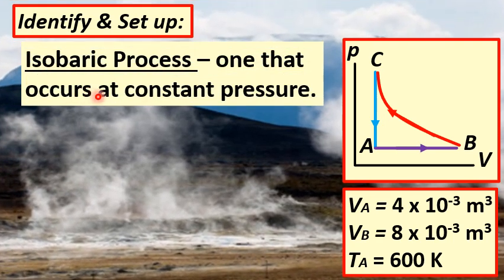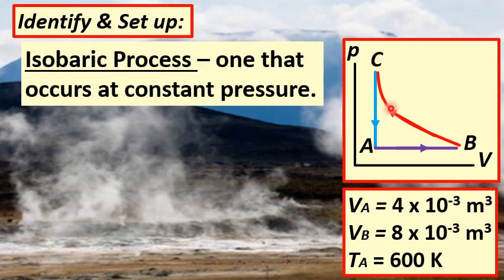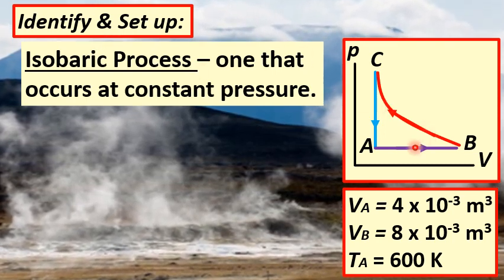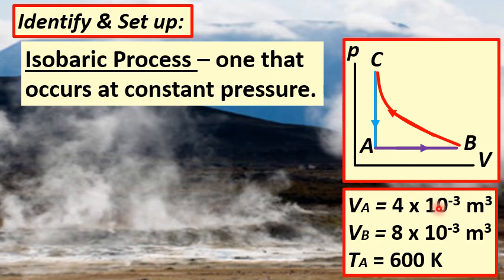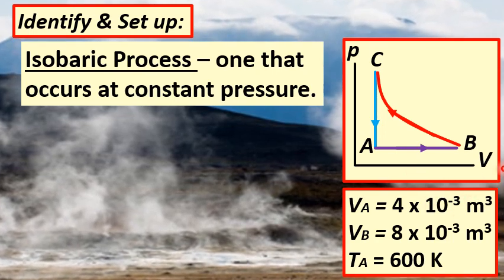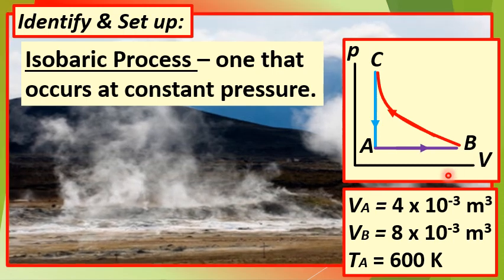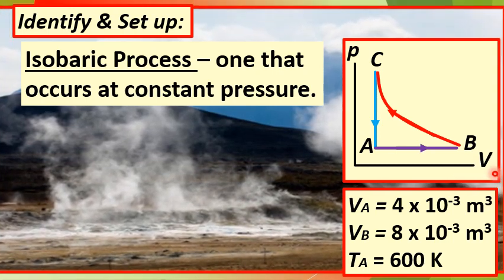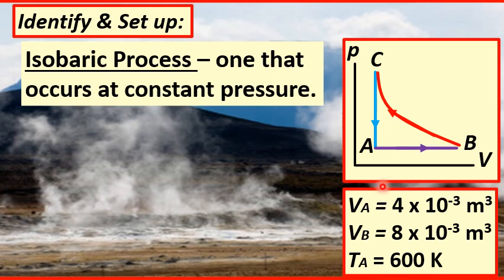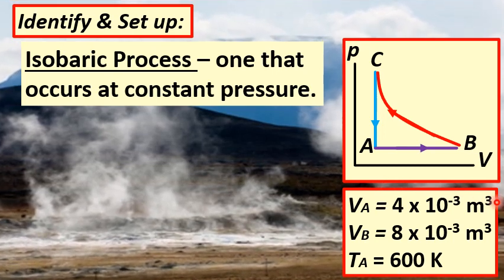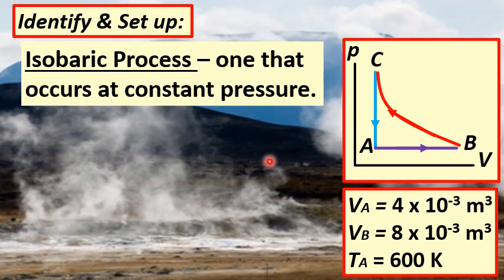Based on the pressure volume graph, the gas starts at the thermodynamic state A and proceeds to thermodynamic state B at a constant pressure, and we refer to that as an isobaric process.